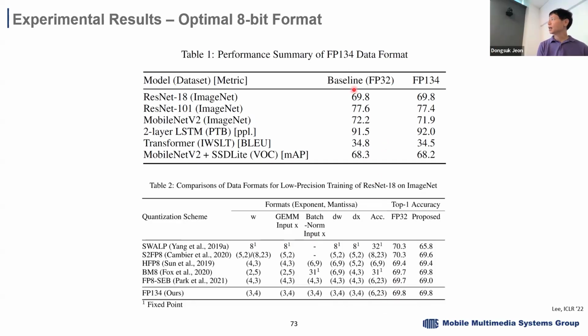Using this FP134, there's virtually zero performance degradation for ResNet-18, and it's pretty similar for ResNet-101, MobileNet, LSTM, and everything. So it works pretty well for all different kinds of neural network models.